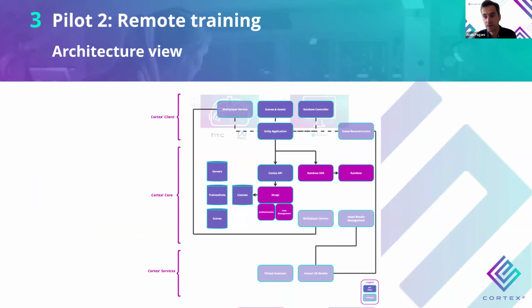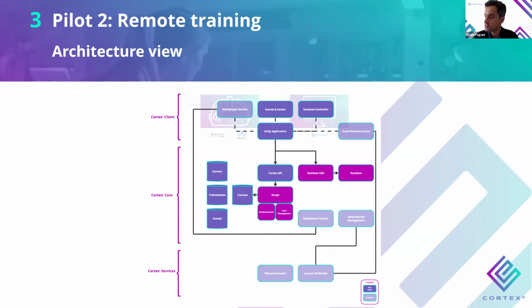So in order to implement that again in the architecture, we use again the Cortex core for storing our sessions, our bubbles, the state of the trainees, the different courses. On the client side, we have a multiplayer service where we can have multiple avatars interacting with each other.